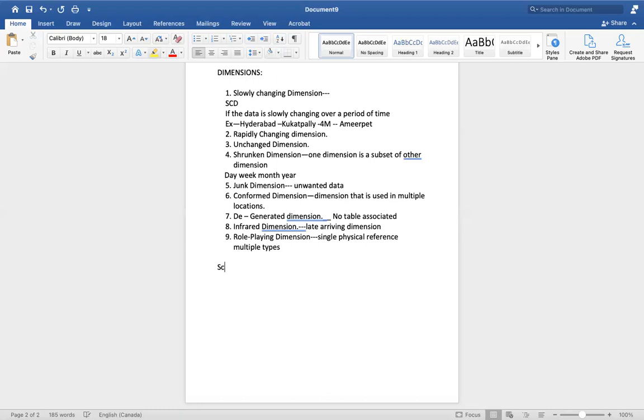In SQL also we use schemas. So in Tableau there are three types of schemas: star schema, snowflake schema, and mixed schema.